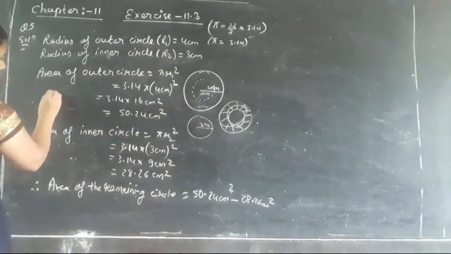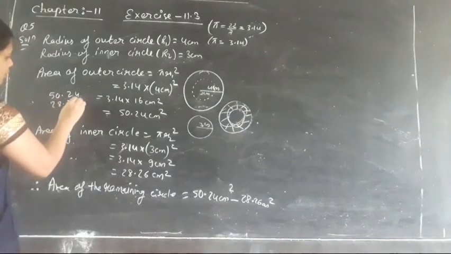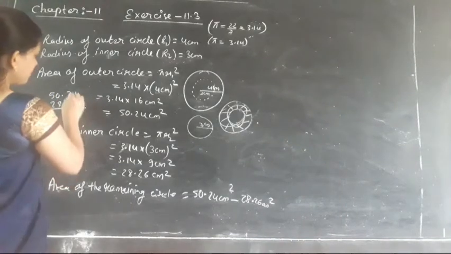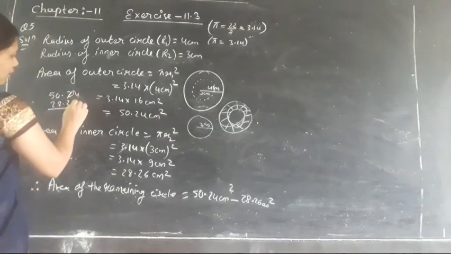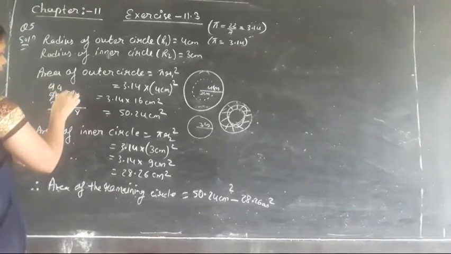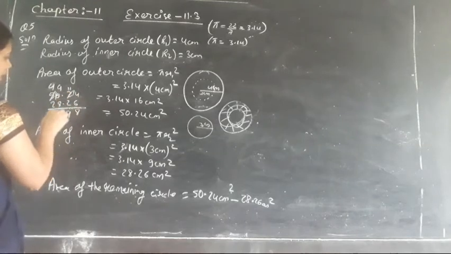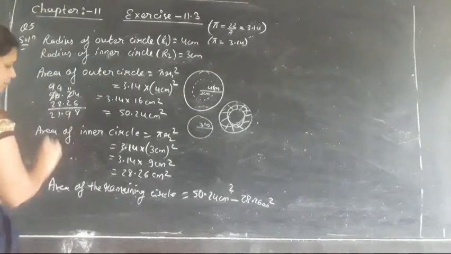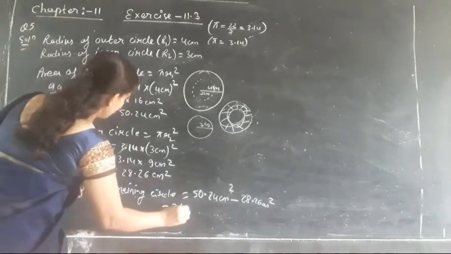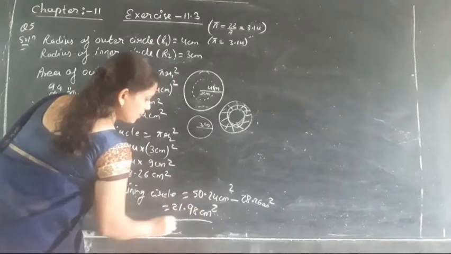So subtract it, 50.24 and 28.26. Here it will get subtracted. Here 4 minus 6 is not possible, so borrowing, 14 minus 6 is 8... 11 minus 2 is 9, 9 minus 8 is 1 and 4 minus 2 is 2. So what is the answer we are getting? That is 21.98 centimeter square is the remaining area.